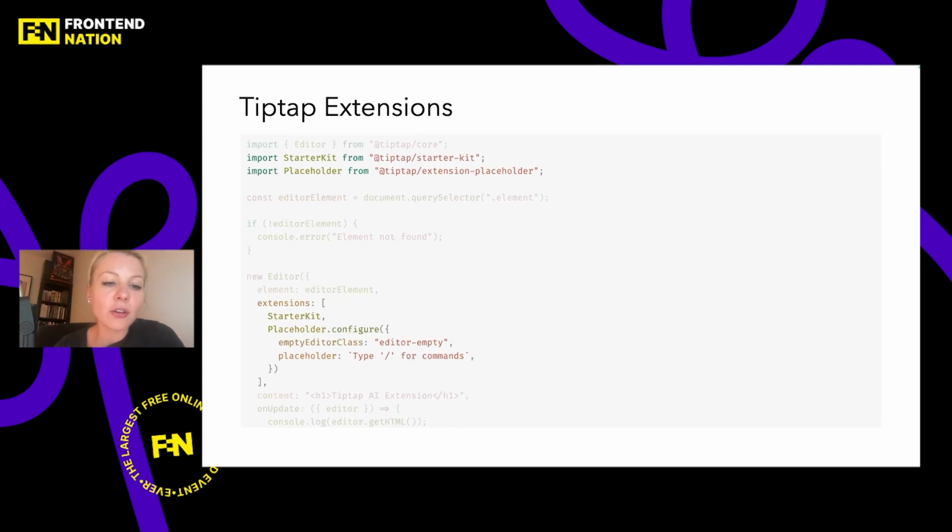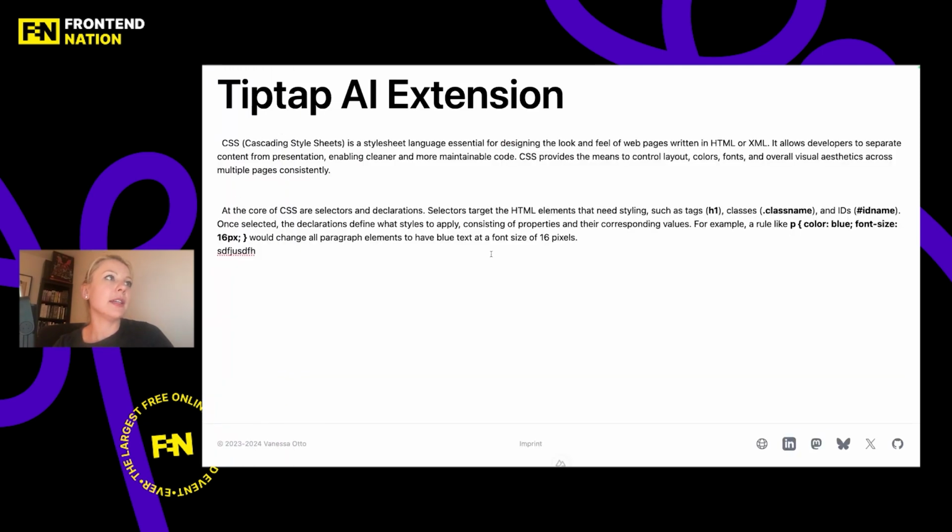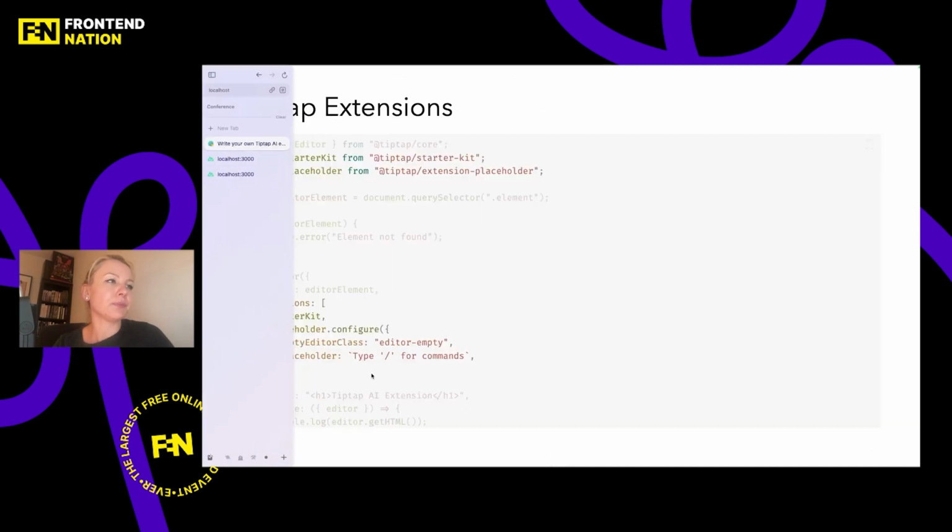So actually all of the extensions you can always call .configure on and add some parameters to it. I could have done that to the starter kit as well, but I didn't want to configure anything, so that was just not necessary. But here for the placeholder, I set a CSS class, so I can have a specific color on the placeholder. It is a bit more gray than the usual dark text here.